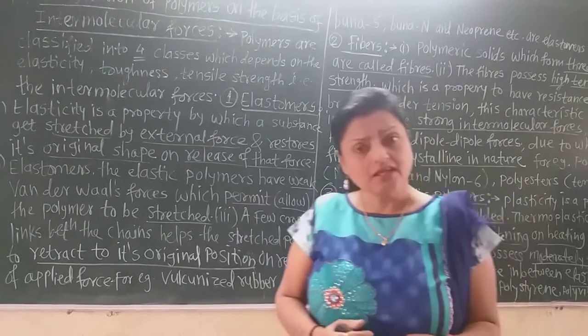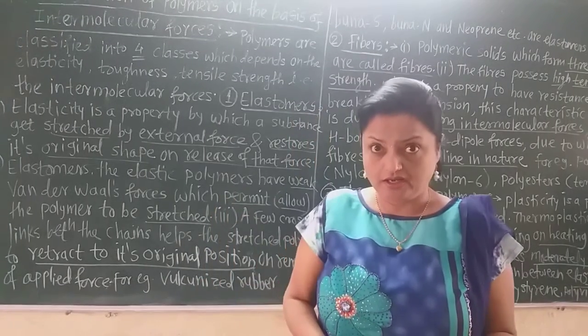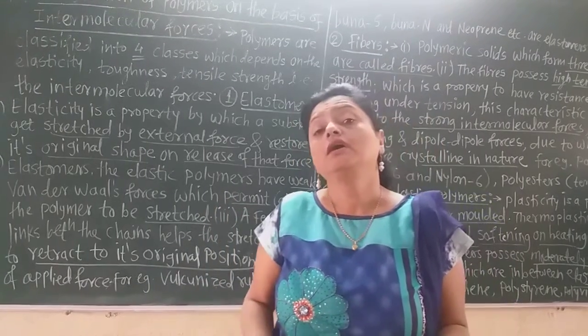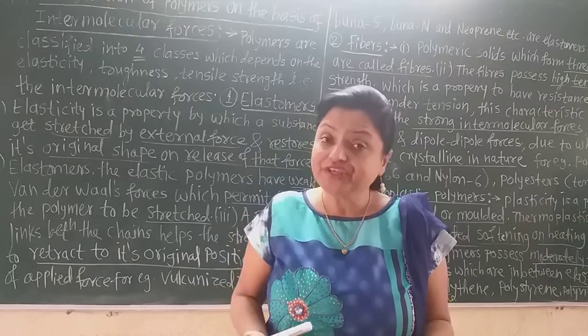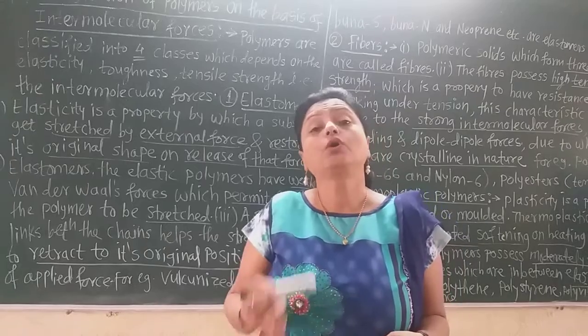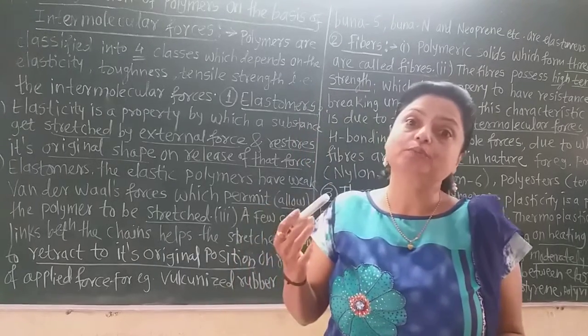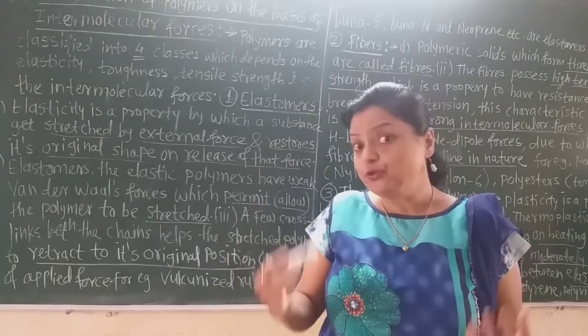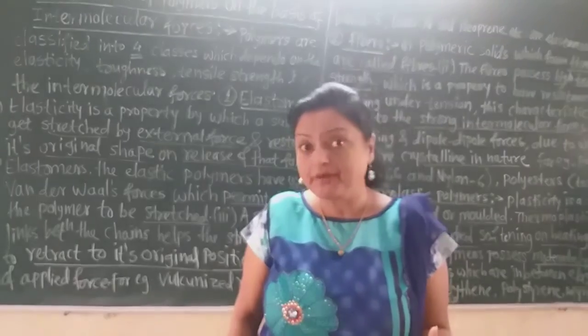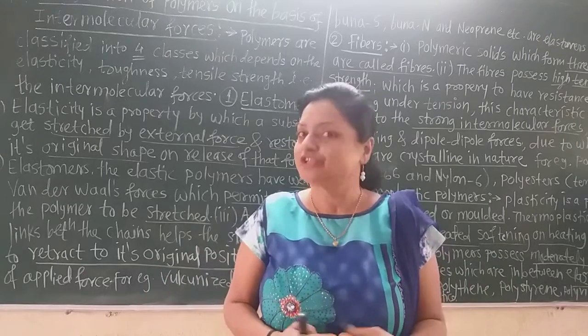Vulcanized rubber means there is addition of sulfur into the rubber, due to which the rubber gets elasticity. There are cross links between the sulfur atoms and the rubber molecules, due to which the vulcanized rubber, on release of the stretch, comes back to its original position.